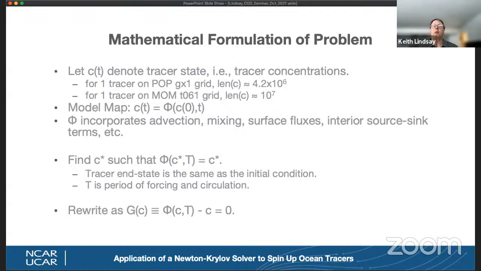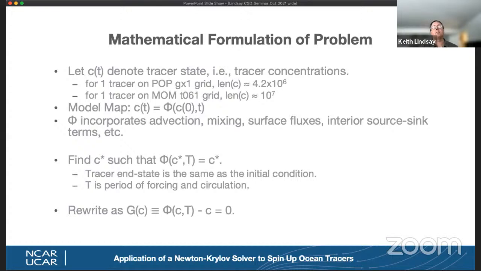For a typical climate model configuration, like with our POP 1 degree model, we have around 4 million grid points in the ocean model with one tracer. On our newer ocean model, MOM, at 2/3 degree, we have an order of 10 million grid points. So these are vectors in 4 million or 10 million dimensional space. So it's a high dimensional space.